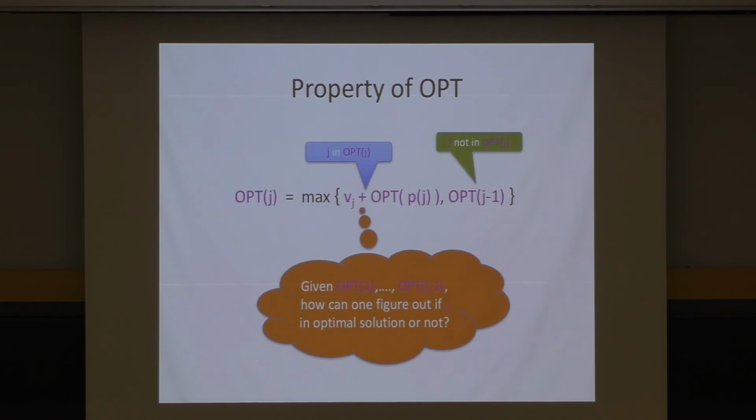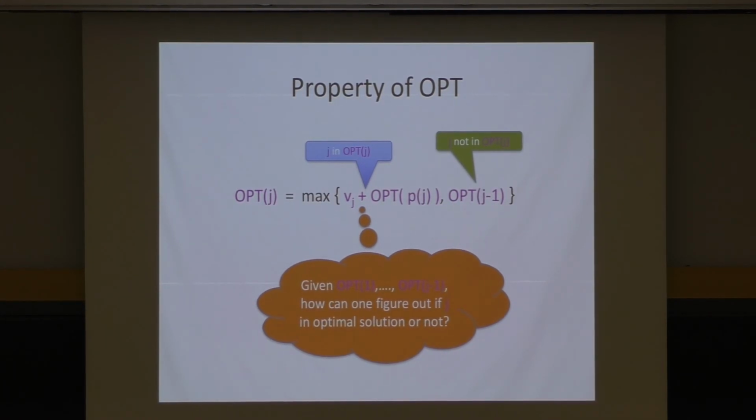What happens if they are the same? If they are the same, it doesn't matter. That means there is one optimal solution that has j in it, and another optimal solution that does not have j in it. So the idea is, if I'm able to recursively solve for opt of 1 up to opt of n, just knowing all those values, I can actually compute the actual optimal solution by just recursively applying this check.